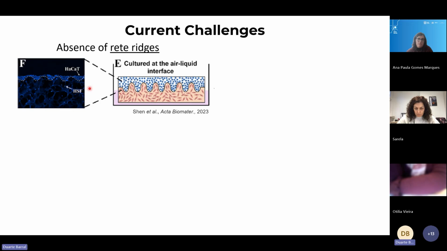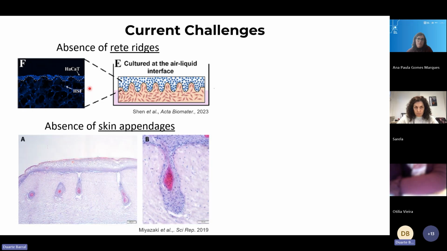Also, these models usually lack skin appendages like hair or glands. And there's also an effort to add, for example, here you can see an example of hair follicles. So what was done here was to add hair follicle cells to the dermis. And so this is an improvement as well. And finally, the absence of vascularization.